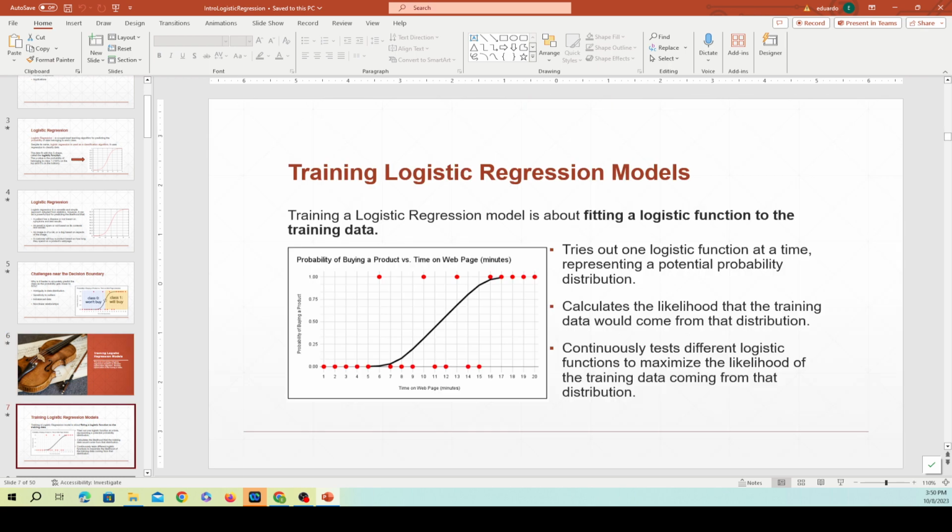Training a logistic regression model is about fitting a logistic function to the training data. Again, our goal is to tune the logistic regression algorithm using the data and the correct answer. So right here, we could have started with a very far-off graph.